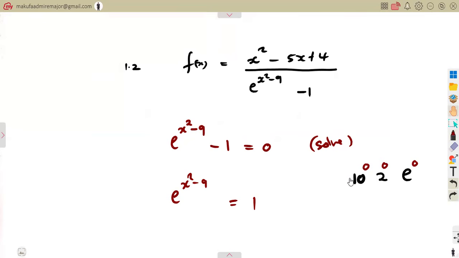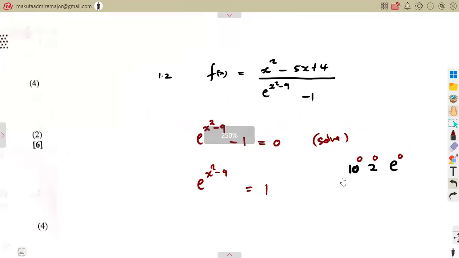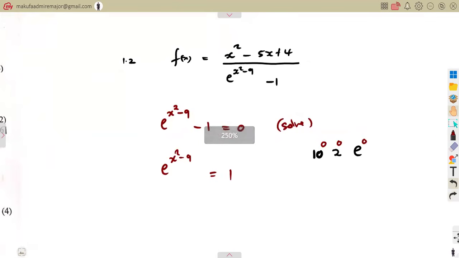So meaning to say, by writing this in the base of e, why in the base of e? Because that is the one that you have here. If it was in the base of 2, you use 2. If it was in the base of 10, you use 10. So because already here we are given a reference, which is e, we are going to write the same one in the base of e. So in the base of e, that is e to the exponent of a 0.